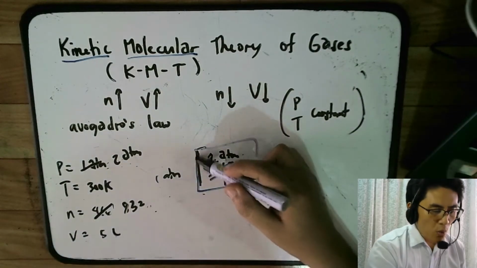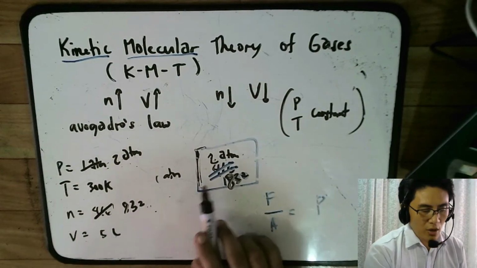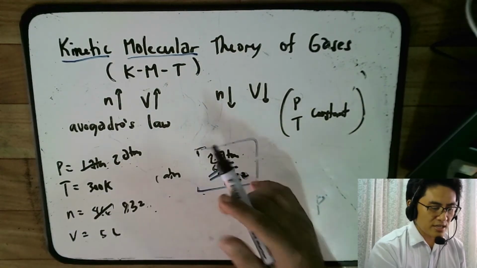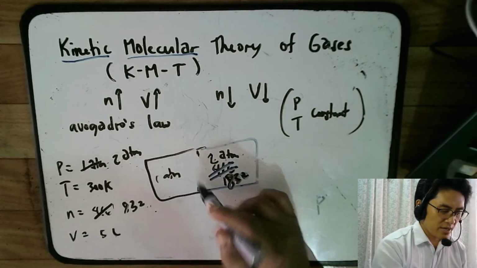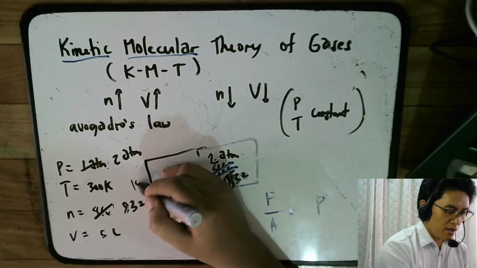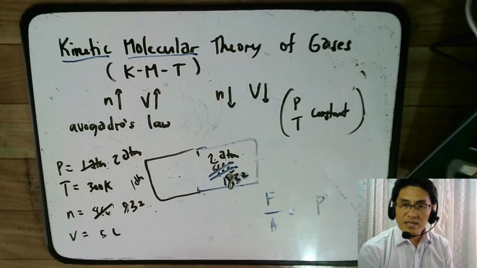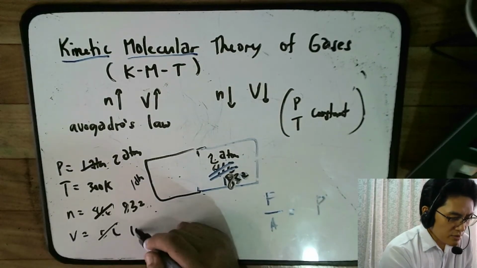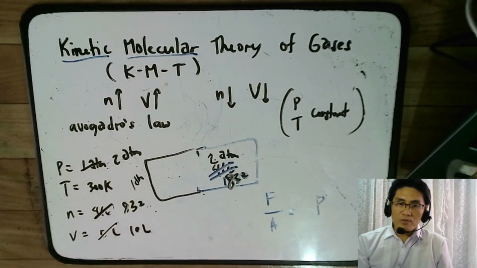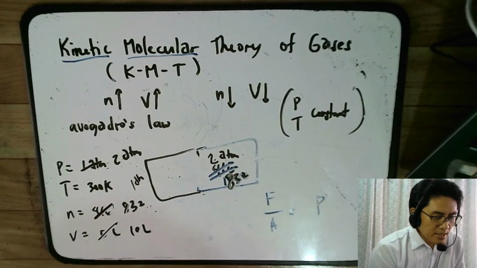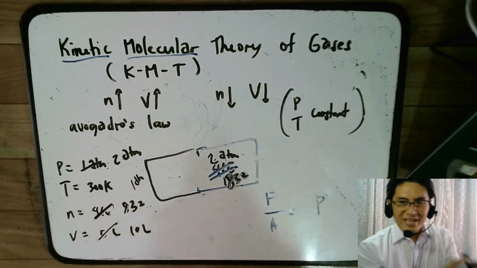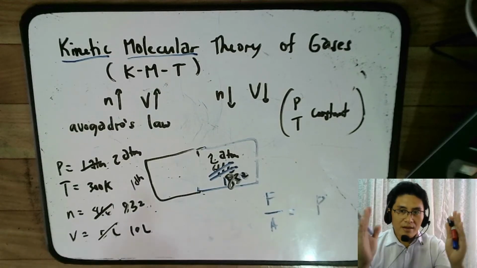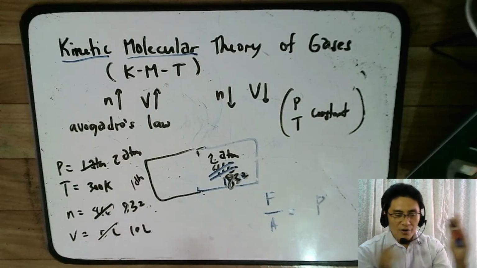So now this wall will move forward, because the pressure inside is stronger than the pressure outside. This gets pushed, and the volume increases to 10 liters. It becomes double also. Because the volume increased, the walls are now further apart.